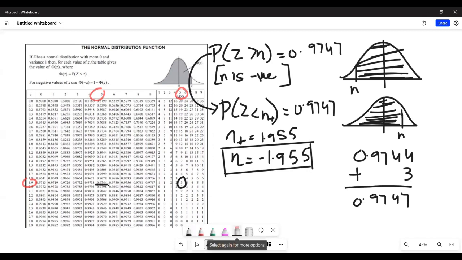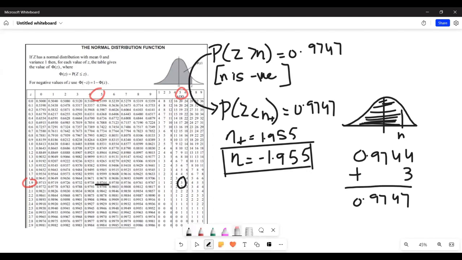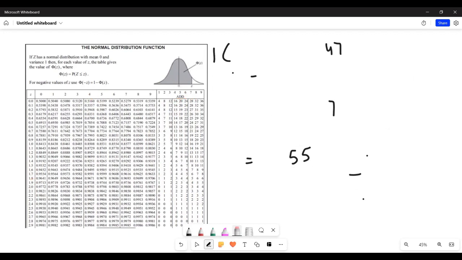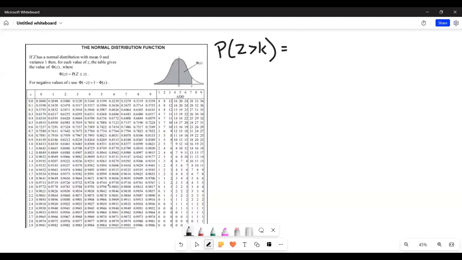Another such practice. Probability Z is greater than K is 0.8496.